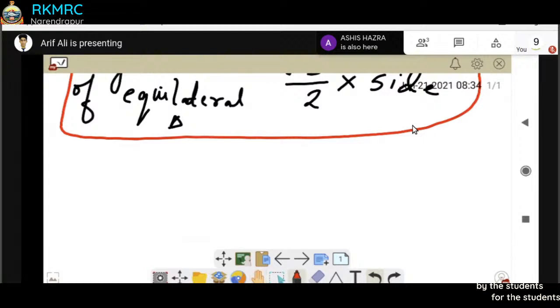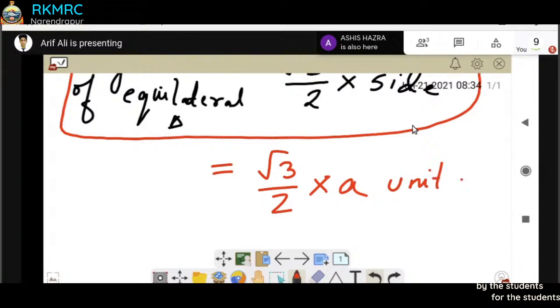So your height is root under 3 by 2 into A unit, not unit square.